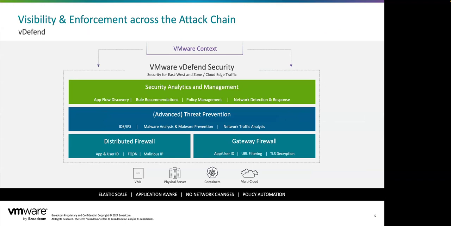Well, let's take a look at VMware vDefend. VMware vDefend is a new way of thinking about private cloud security. VMware vDefend is security for east-west, as well as creating zones or your cloud edge traffic. It begins with the opportunity to protect virtual machines, containers, physical servers, or even out into the VMware cloud.